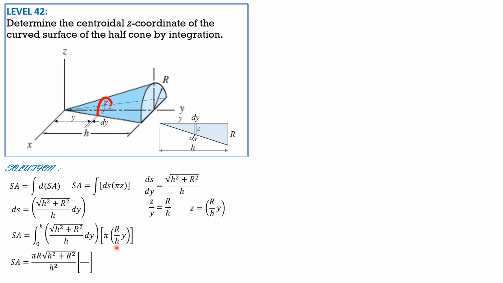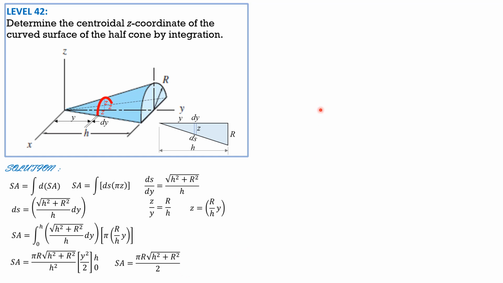Then the integral of y dy is y squared over 2 from 0 to h. Simplifying, cancel h squared. So the surface area is pi r times the square root of h squared plus r squared over 2. That's the surface area.